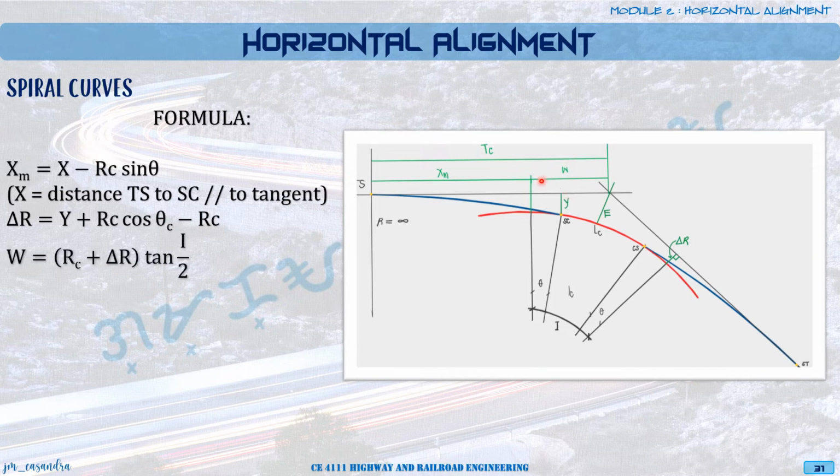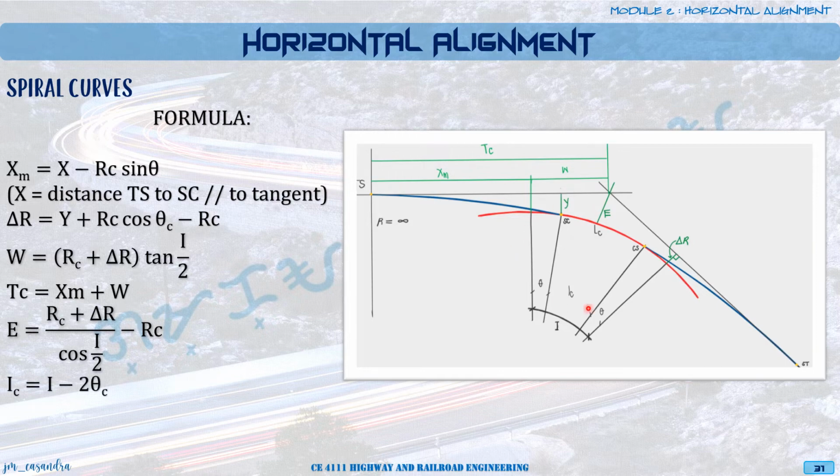Then W is equal to rc plus delta r times the tangent of I over 2. Then TC is simply equal to xm plus W, and our external distance is equal to rc plus delta r divided by cosine of I over 2 minus rc.